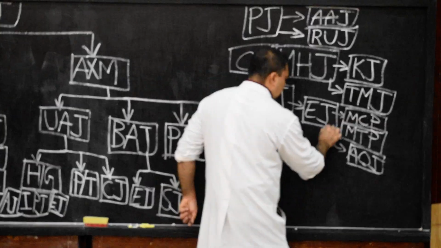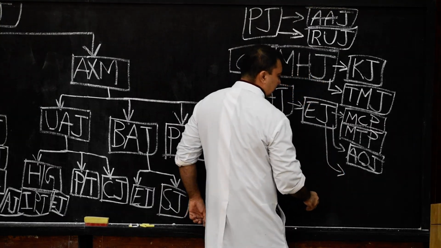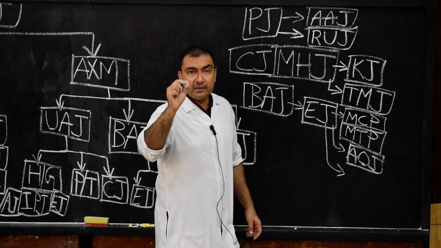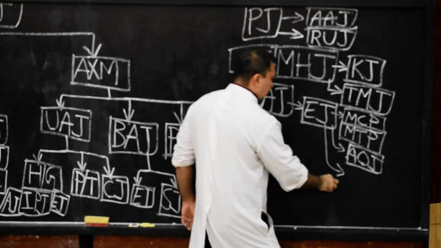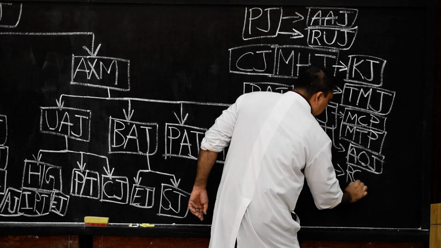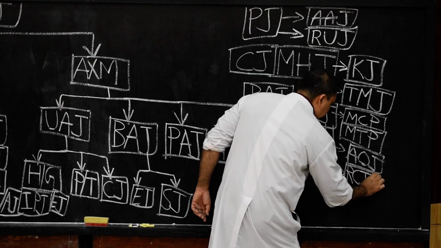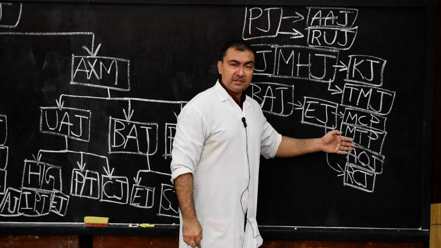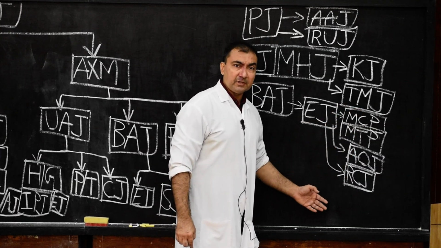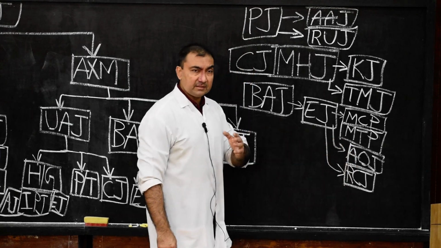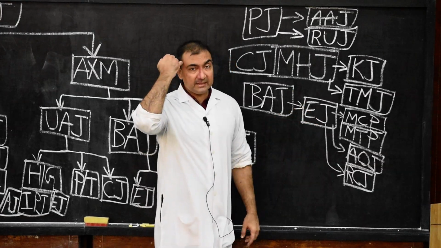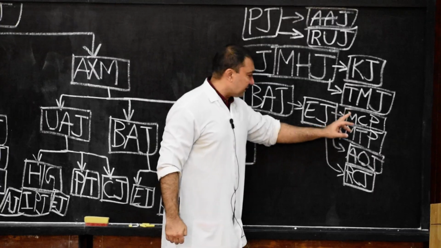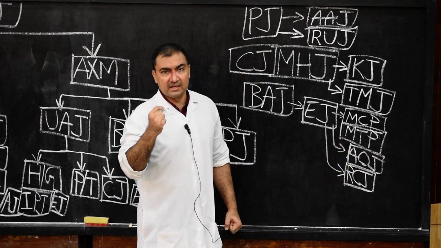And the last example, which is very important, is radiocarpal joint or wrist joint. So these four joints, metacarpophalangeal, metatarsophalangeal, radiocarpal or wrist joint, and atlanto-occipital joint, come under the category of ellipsoid joint. You have to remember all these joints because they are asked in 1 mark questions or in MCQs.